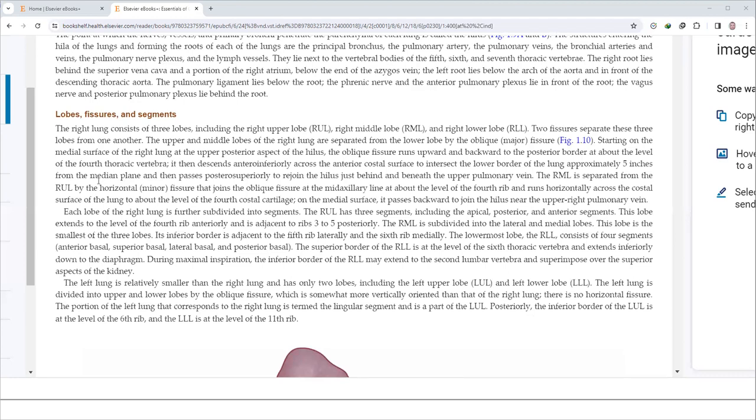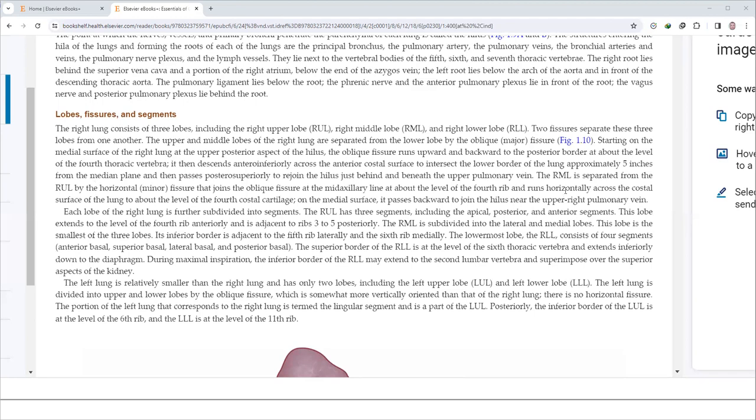It then descends antero-inferiorly across the anterior costal surface to intersect the lower border of the lung, approximately 5 inches from the median plane, and then passes postero-superiorly to rejoin the hilus just behind and beneath the upper pulmonary vein. You don't have to know all of these details. We just need to know that in the right lung we have three lobes, upper, middle, lower, and they are separated by horizontal fissure and oblique fissure.